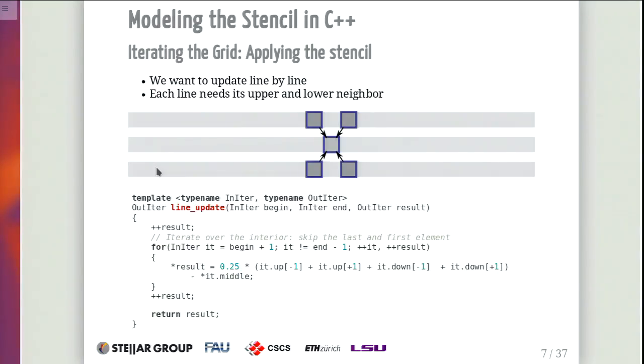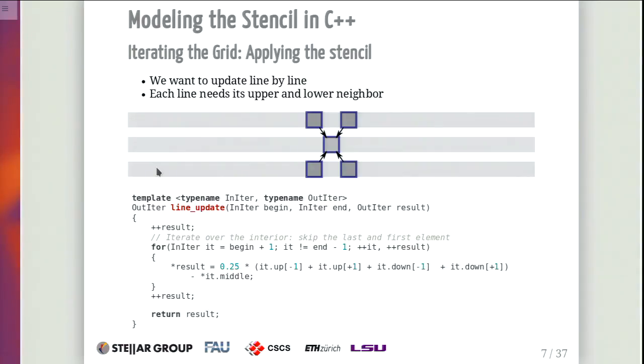So if we want to do the line update, we just write a template function. We don't know how the iterators look like yet, right? So we want to have an iterator that marks the begin of a line and the end of the line, and the iterator where we store the result, right?